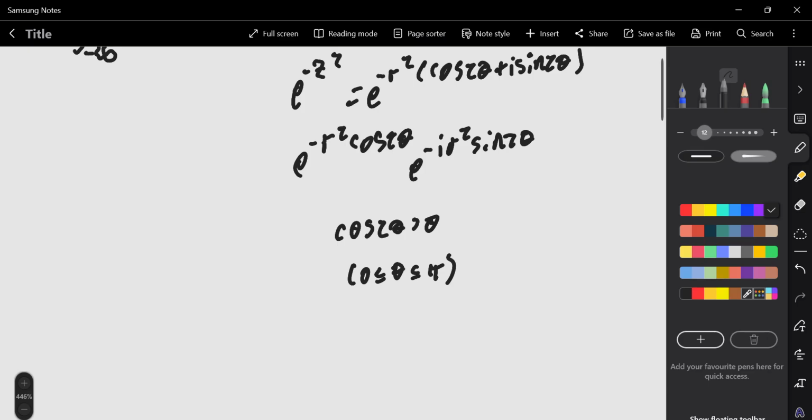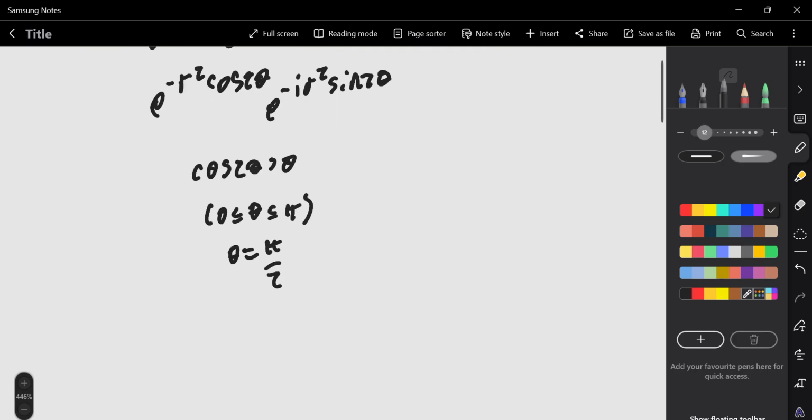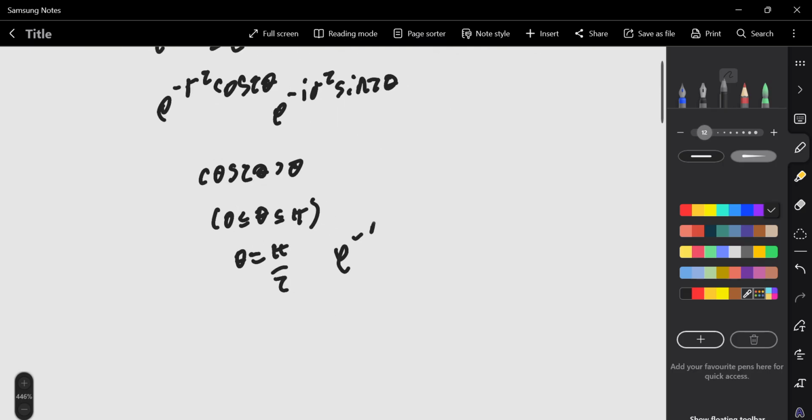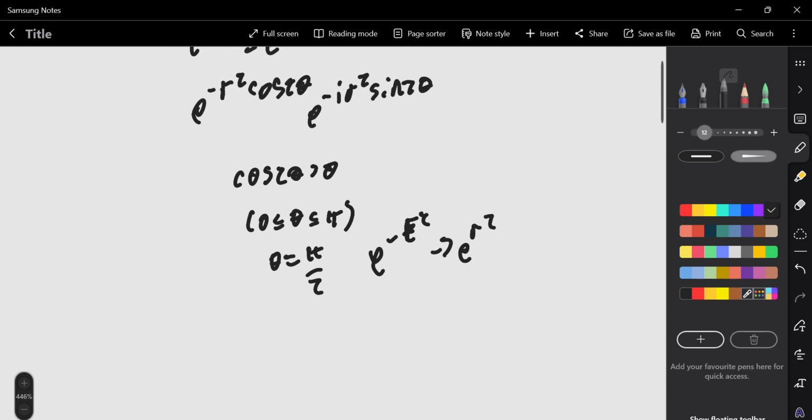In particular, at theta equals pi over 2, I think it will blow up extremely fast. So the arc integral over the large semicircle doesn't vanish as the radius goes to infinity, which is exactly what we normally want for contour integration.